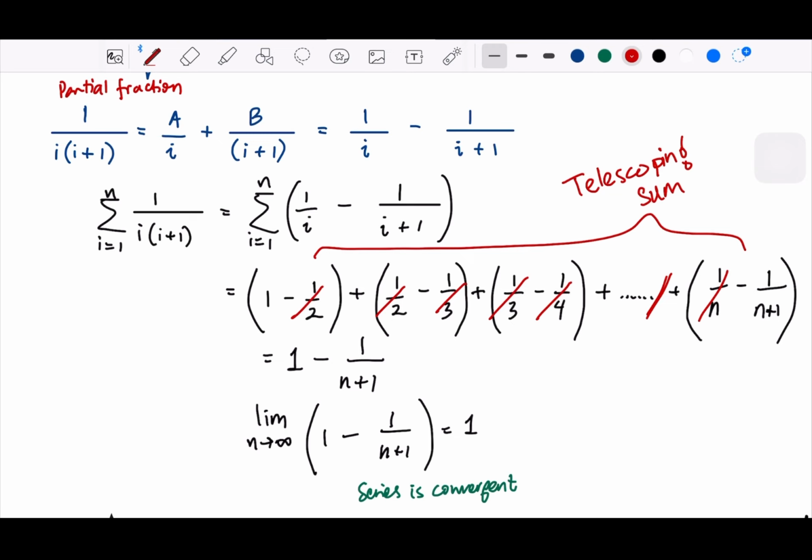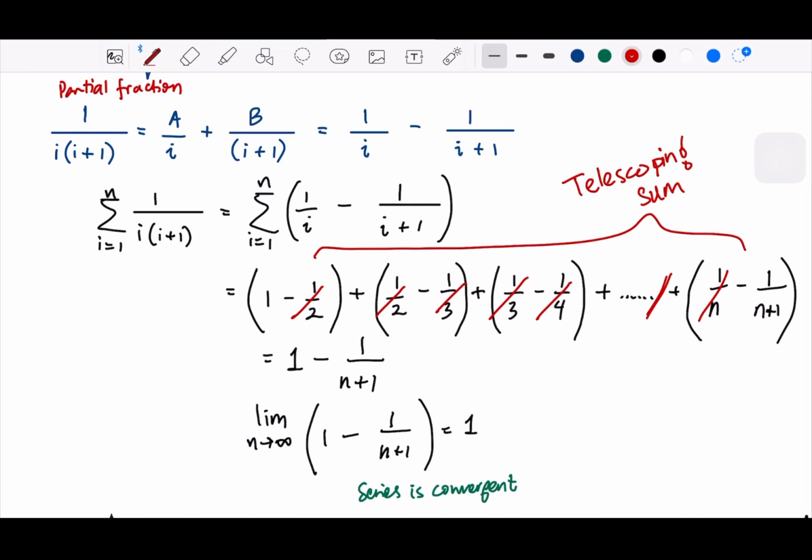Okay. Perhaps in another series, it's not exactly like this. Maybe the cancelling part will be here and here and here. This is also considered a telescoping sum, not only cancelling the numbers right after and before. It can also be another series, cancelling from here to here.